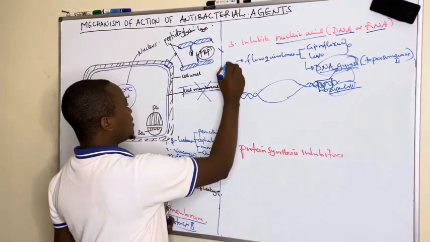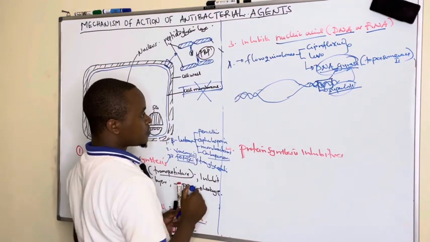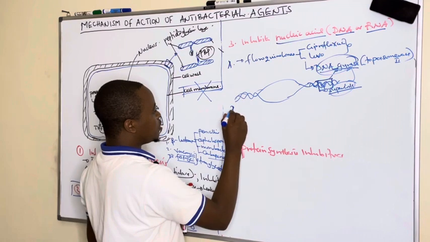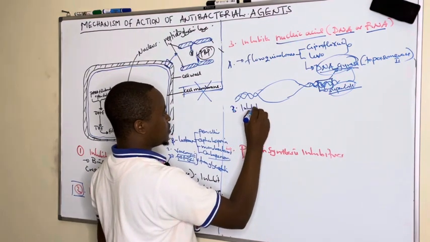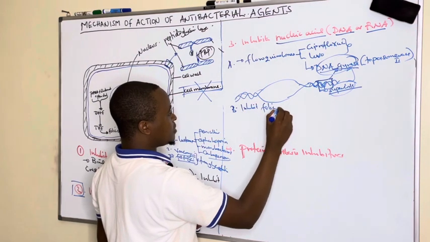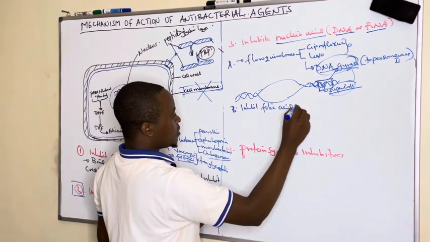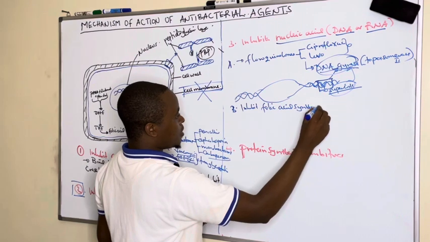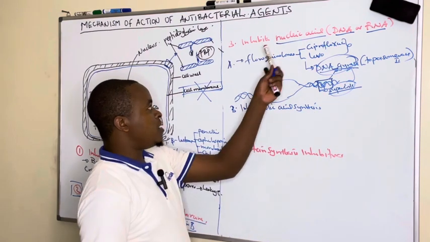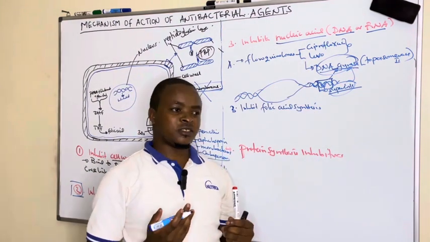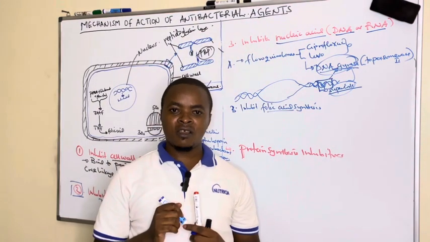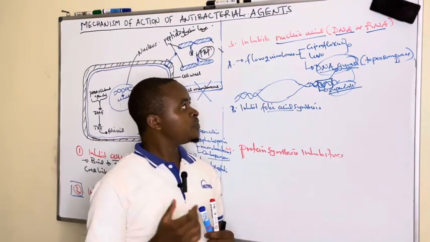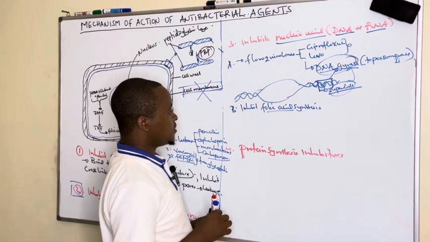Then another class; this was class A. In class B, we can talk about those that inhibit folic acid synthesis. Many books put this one under nucleic acid synthesis. Why? Because folic acid is also a precursor for DNA synthesis.